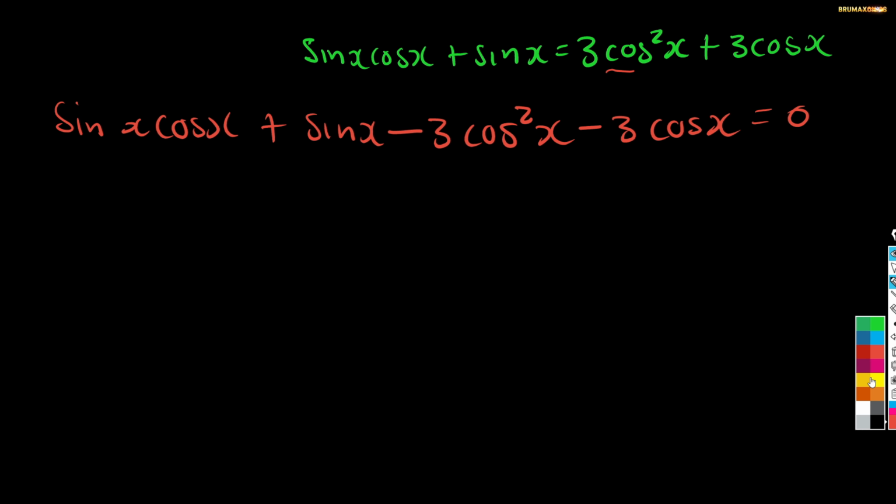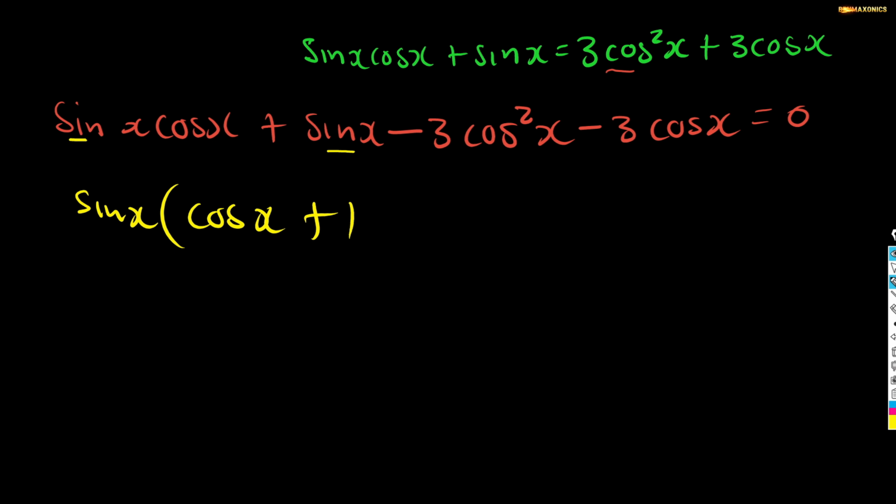Now I'm going to look at anything that I can change. It seems like I cannot change anything here, so I'll just have to look for a common factor. It's either you change, and if you can't change, then look for a common factor. I will take sine x into the cos x plus 1.